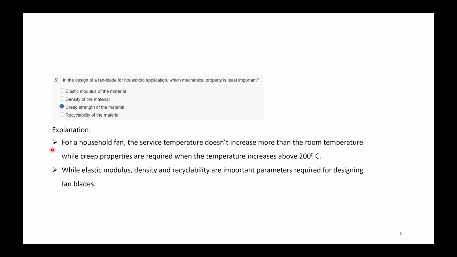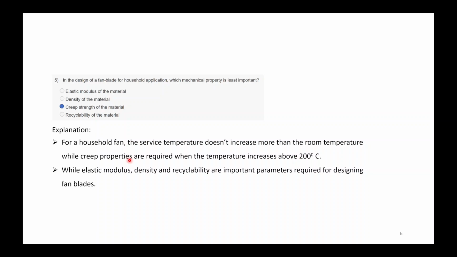Now we can explain this by saying that for a household fan, the service temperature doesn't increase more than room temperature. So the fans that we use in our houses work at room temperature, and it can increase up to 20 degrees, but it won't go as high as 200 degrees C. And this is the temperature that we require for studying creep properties.